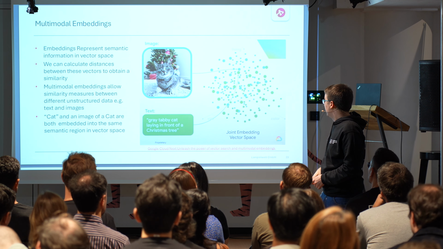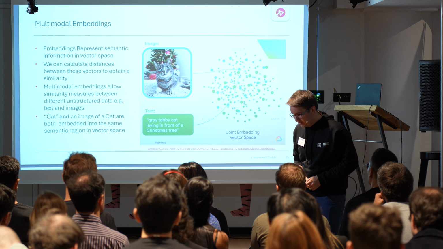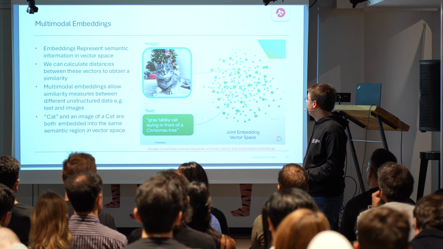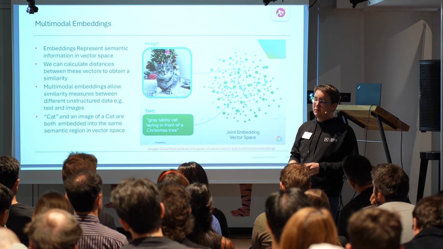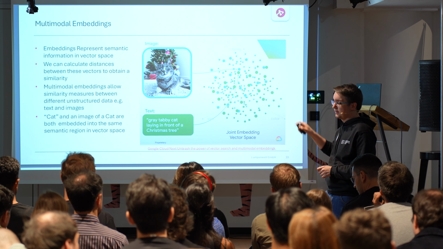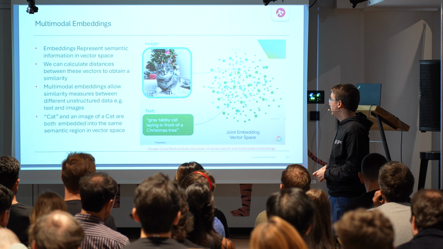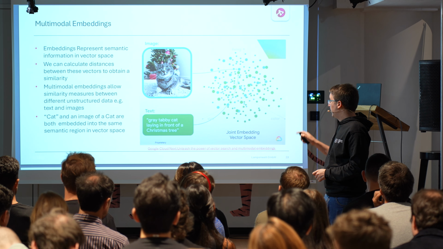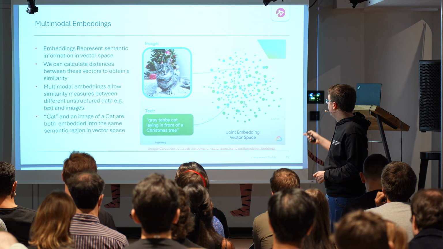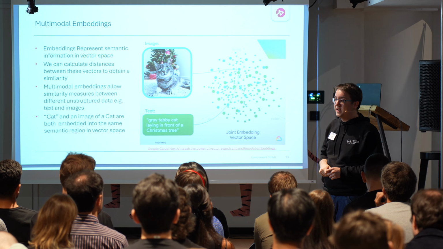So then, this is a slide from Google Cloud Next, which kind of explains how this multimodal embedding works. It's similar to the unimodal embedding, but in this case, we can not only put images into it, but also text. And the idea is that if we have an image and a text that are semantically close together, so in this case, the text describes the top picture, then they will also be close in the embedding space.